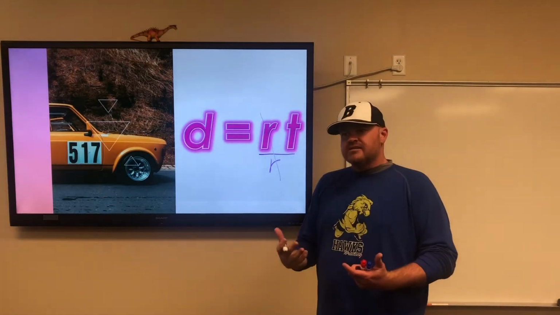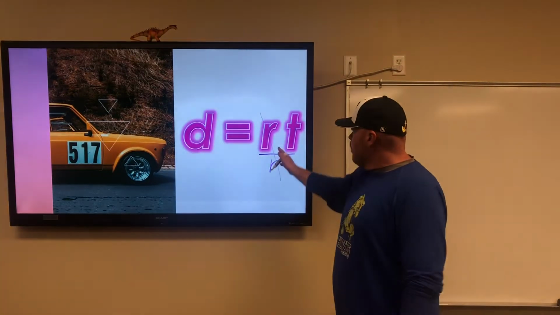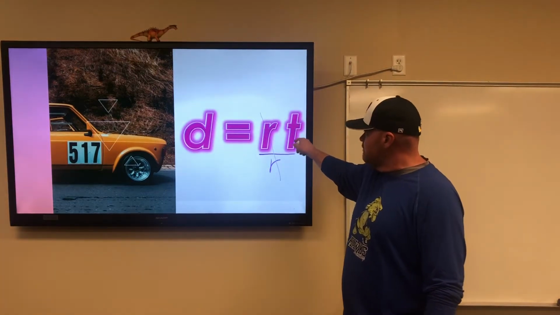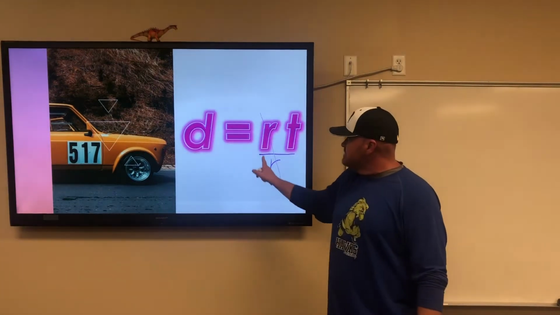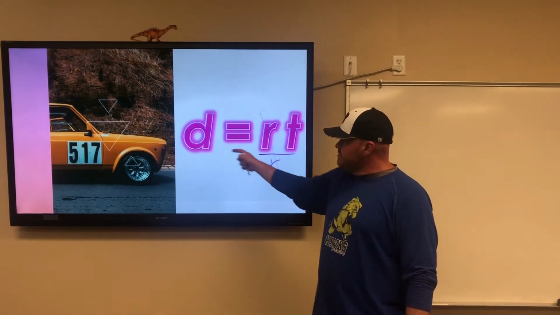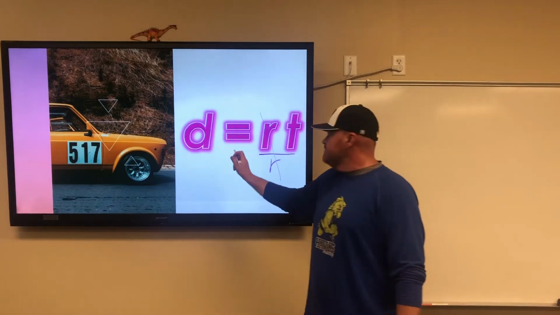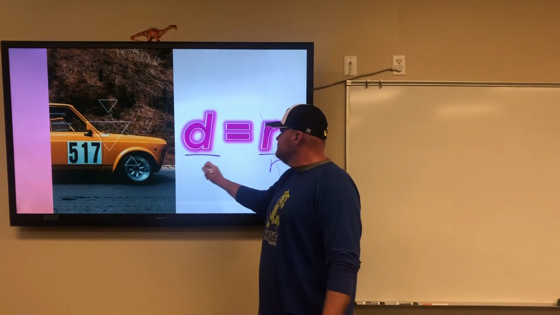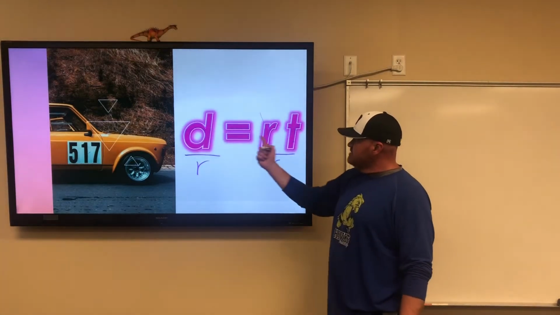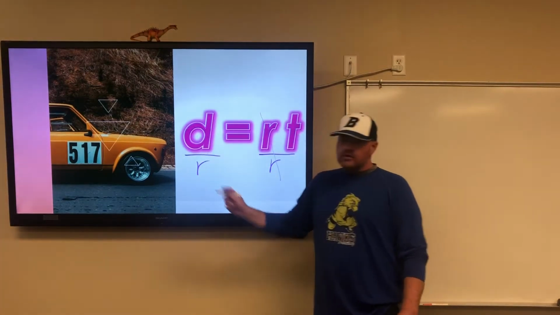If something is divided by itself, it becomes 1. 1 times t is not going to change anything, so the t will still be all by itself. The only thing I have to do is, if I divide on this side of the equal sign by r, I also have to do the same thing on that side of the equal sign. So I'm going to do d divided by r.